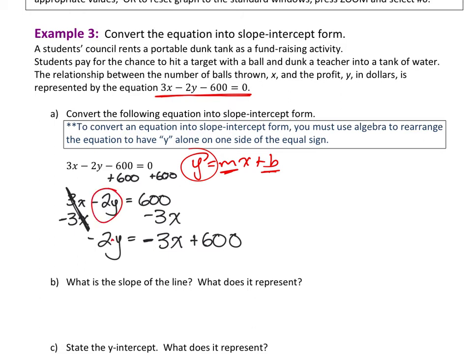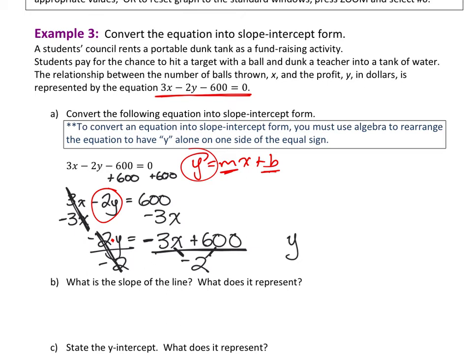Now we can undo the multiplication of what's being multiplied by y, so we will divide by negative 2. Negative 2y divided by negative 2 just equals 1y. And what we do to one side, we have to do the same to the other. When we're adding or subtracting, we just do it once to both sides. When you're dividing, you have to divide the whole thing by negative 2. If you remember your polynomial rules, that means that every term gets divided by negative 2.